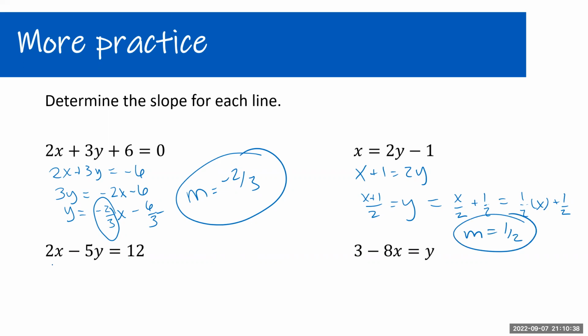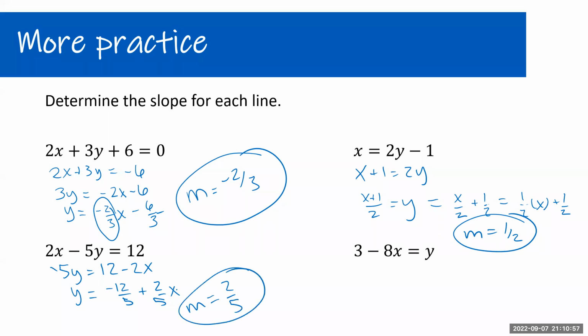2x minus 5y equals 12. So minus 5y equals 12 minus 2x. So y is going to be -12/5 plus 2/5 x. So our m here, our slope, is going to be 2/5 because that's what's attached to x.